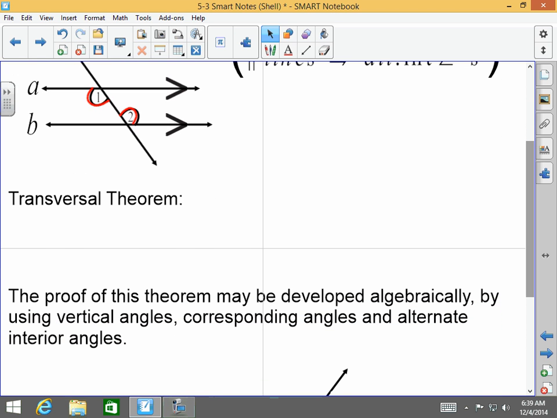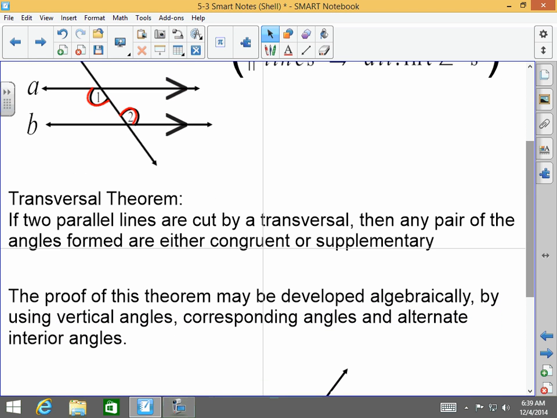The transversal theorem states if two parallel lines are cut by a transversal, then any pair of the angles formed are either congruent or supplementary. So the alternate interior, alternate exterior, corresponding, same side, all of that is proven by this transversal theorem.